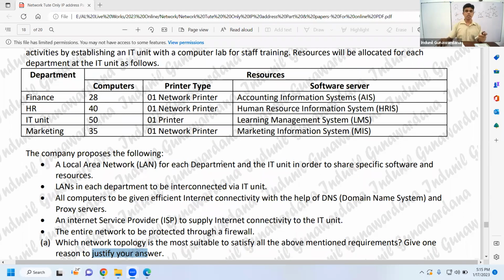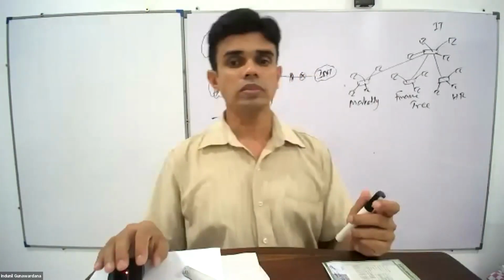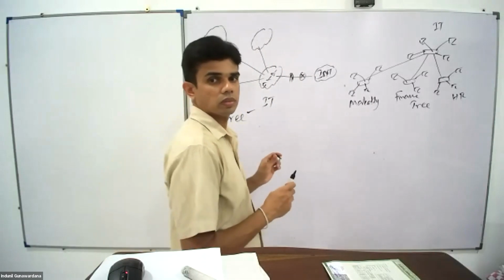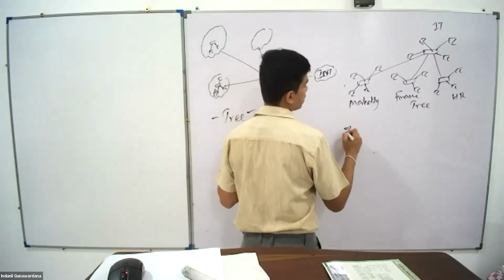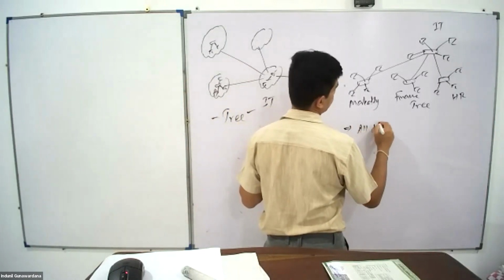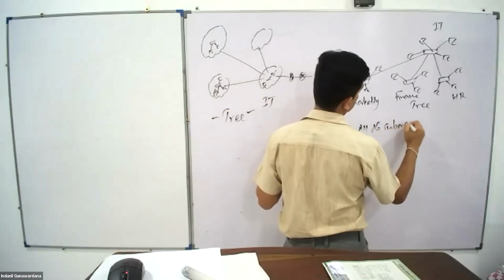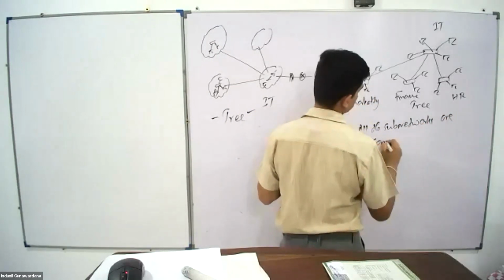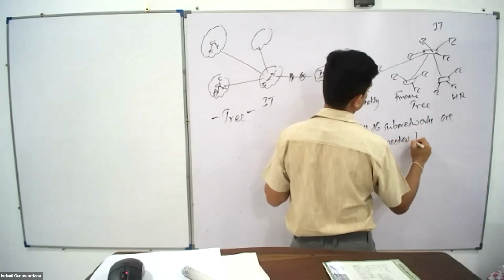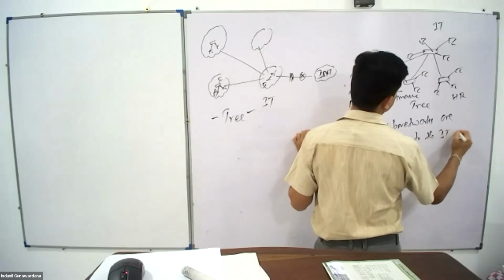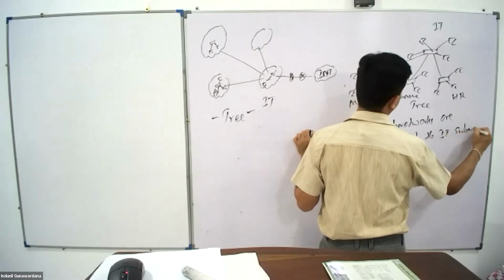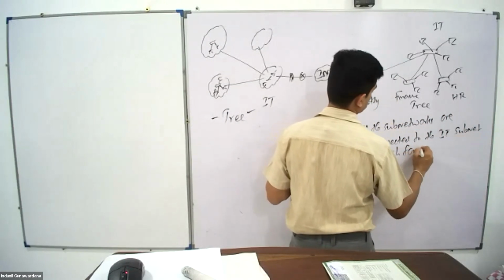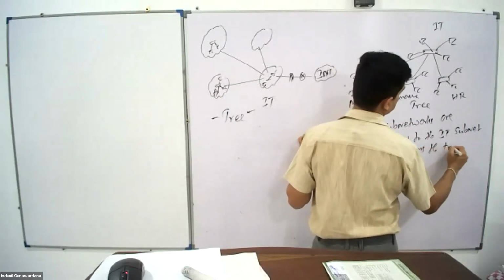Then the reason is going to be: all the subnetworks are connected to the IT subnet, which forms the tree arrangement.